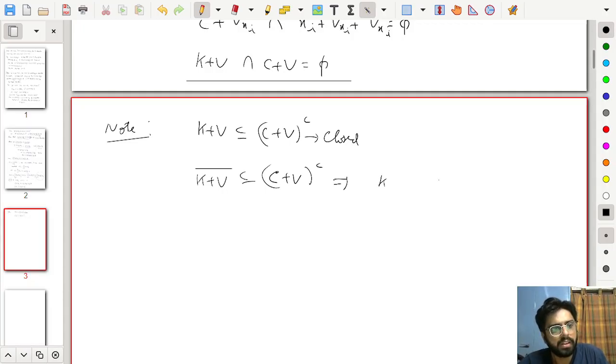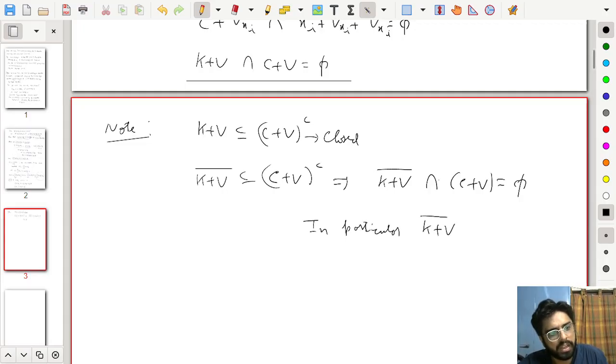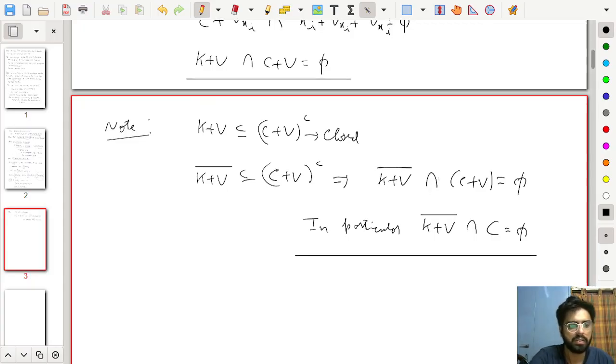This implies the closure of K plus V intersected with C plus V is also empty. In particular, K plus V intersected with C is empty because C is a subset of C plus V. So we'll keep a note of this.